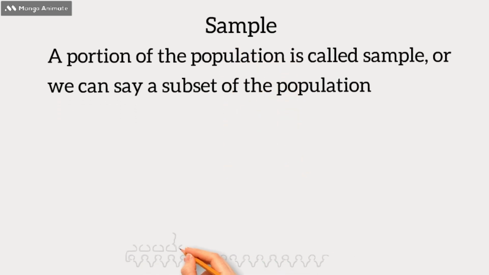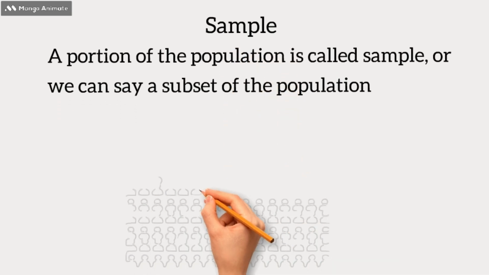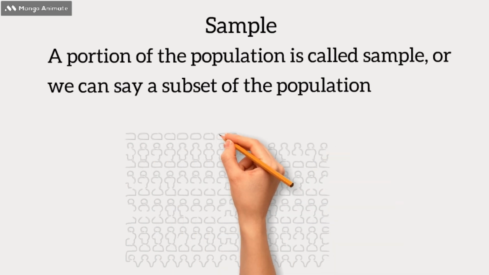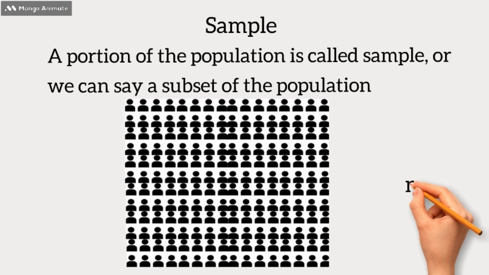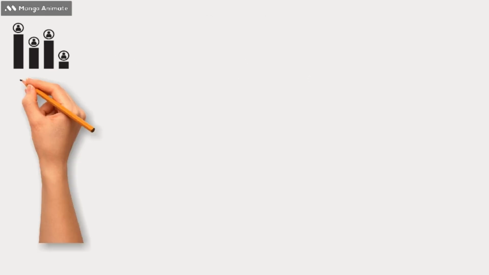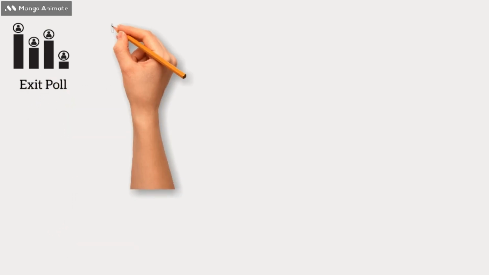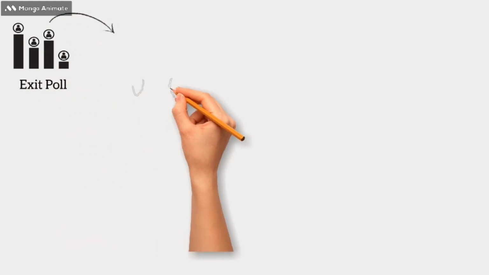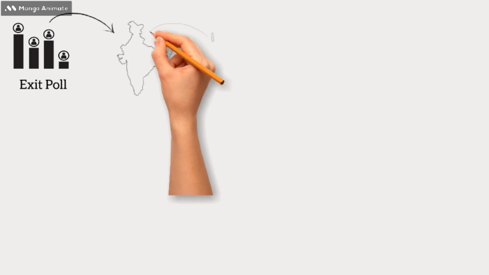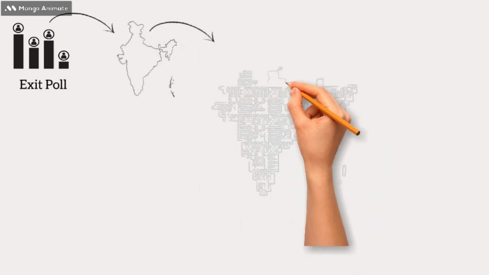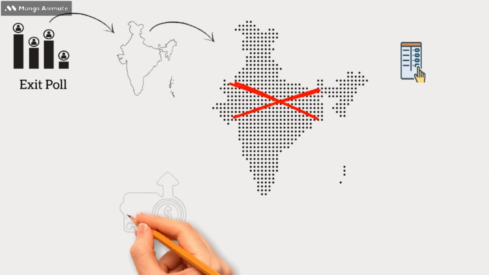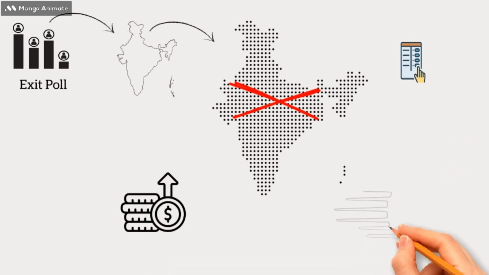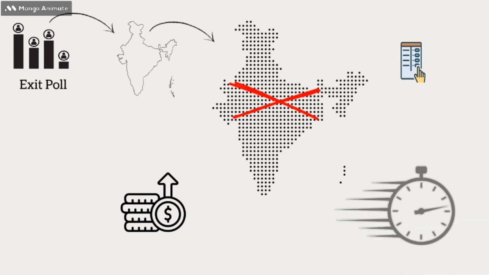Samples are used when population sizes are too large to include all possible members or observations. It is denoted by the small letter n. For an example, if someone wishes to survey about the exit poll of the elections of a specific country, it will be impossible to connect with each resident who is eligible to vote, and it is costly and time-consuming to gather data from the entire country.